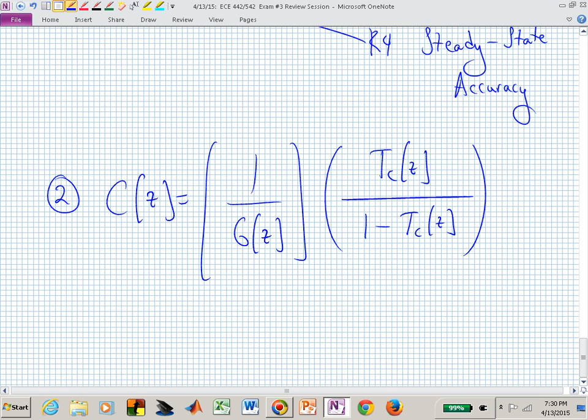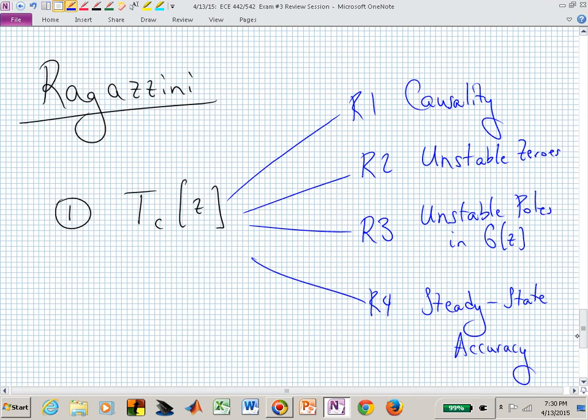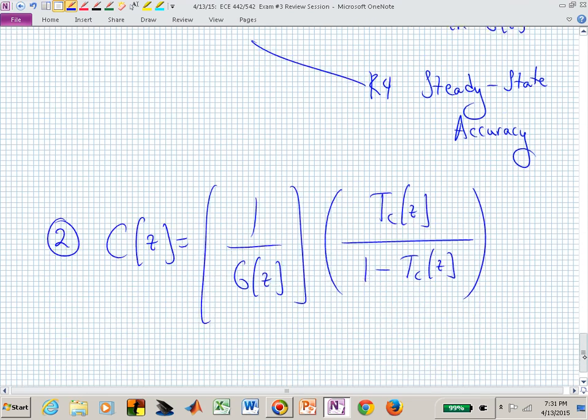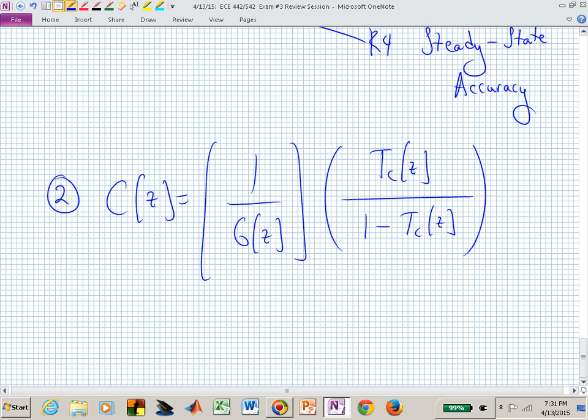The hard part is finding T sub C of Z to satisfy these four restrictions and maybe to meet some transient performance spec. Maybe I say have a % overshoot of this and a settling time of this in your closed loop. That's giving you your denominator.